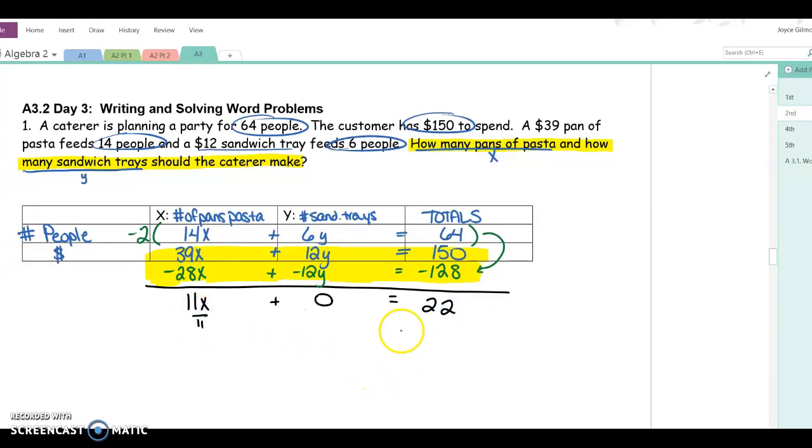To solve that, we divide both sides by 11 and get x equals 2. What would we now need to do to figure out y? Plug it in. Pick an equation to plug it into. I'm going to pick the top one. So 14x, so 14 times 2 plus 6y equals 64.